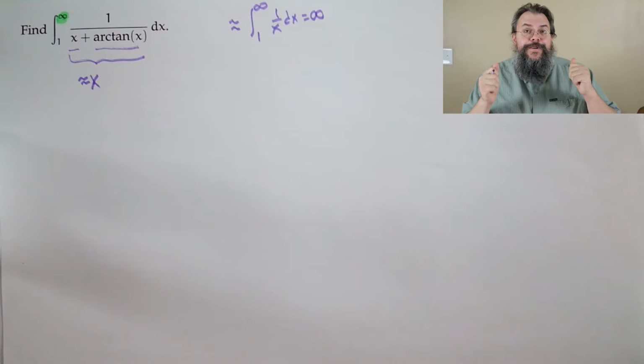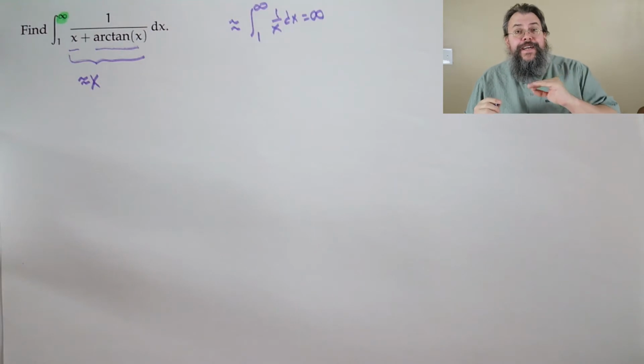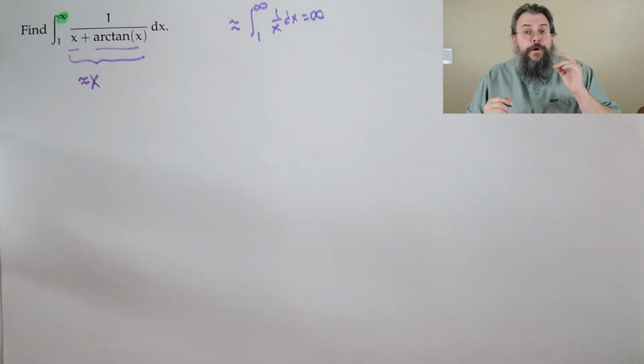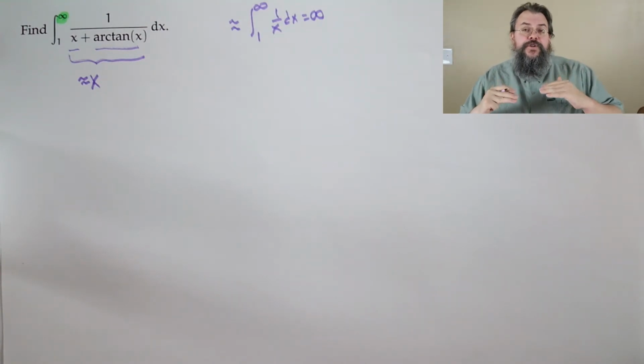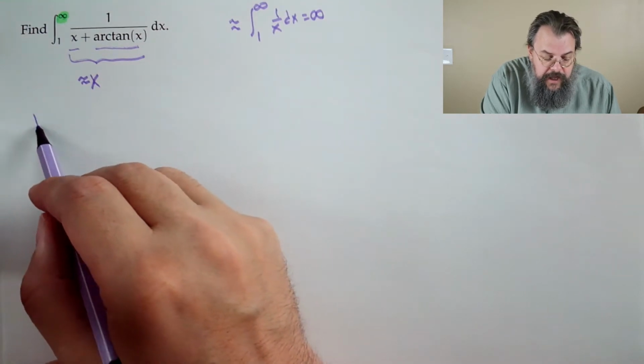So now we're like, woohoo, there's hope. You see, if we think the answer is infinity, that says we don't actually have to find the antiderivative. What do we need to do? Well, what we can do is say, if we can show it's bigger than something which is infinite, then it is also infinite.